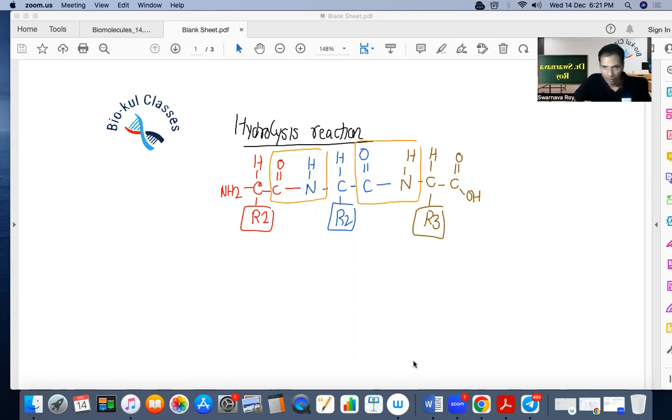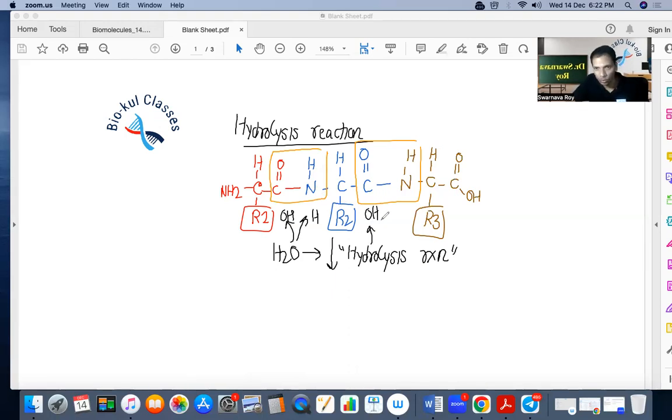Now, as I said, this is a hydrolysis reaction. That means water is used to break down this thing. Whenever we're adding water, it's the reverse thing happening. OH is going to the carboxyl group and H is going to the amino group. Again here, OH going to the carboxyl group and H is going to the amino group.